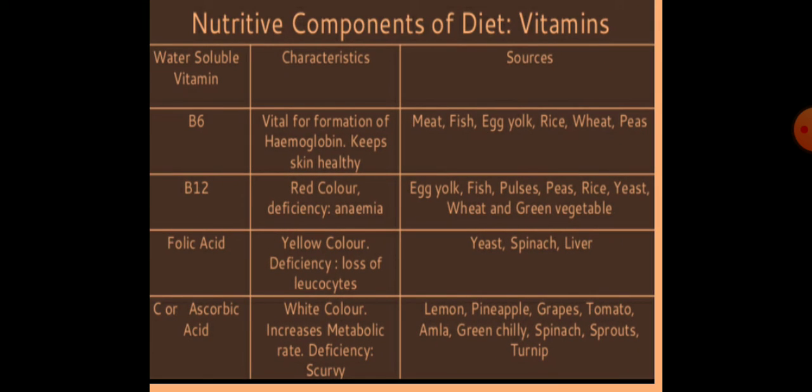Other vitamins, these we have discussed: vitamin B6, vitamin B12, folic acid, vitamin B9, vitamin C, ascorbic acid, and their sources. Vitamin C, you can see lemon, pineapple, grapes, potatoes, amla, green chili, spinach, sprouts, and turnip.